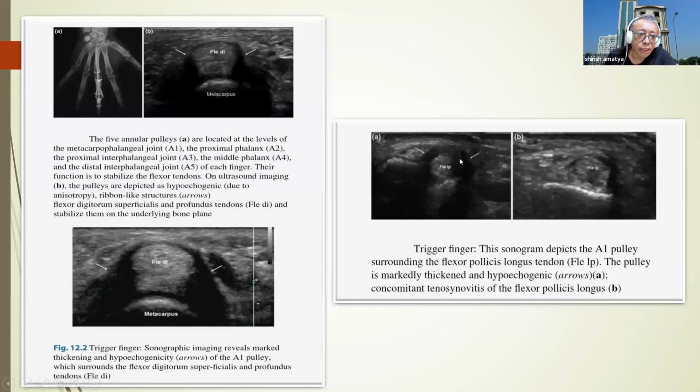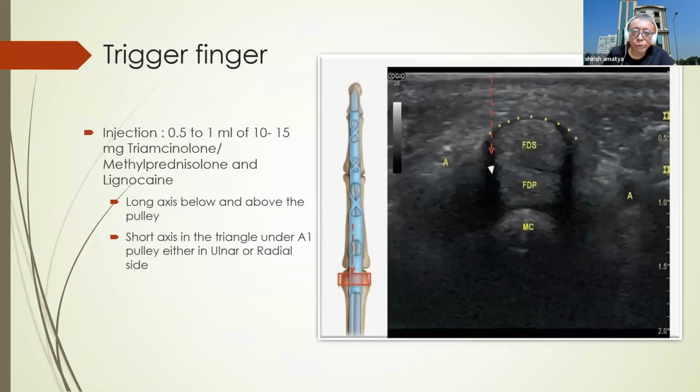Normally, if this is seen on ultrasound, then there might be a trigger finger in the patient. In trigger finger, we can inject local anesthetic as well as steroid just above and below the tendon.